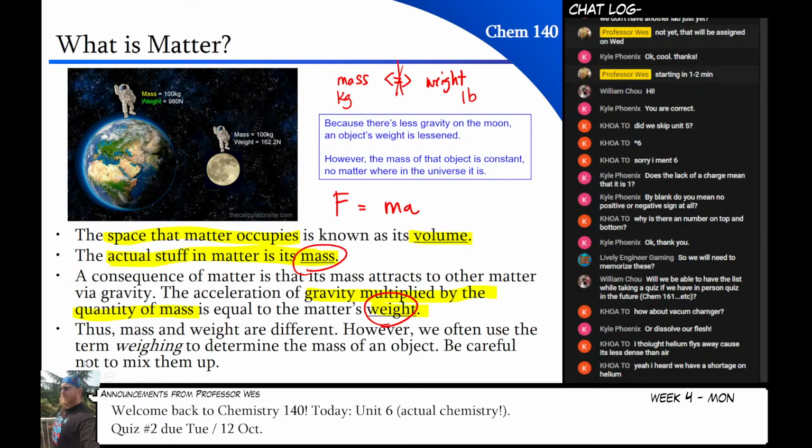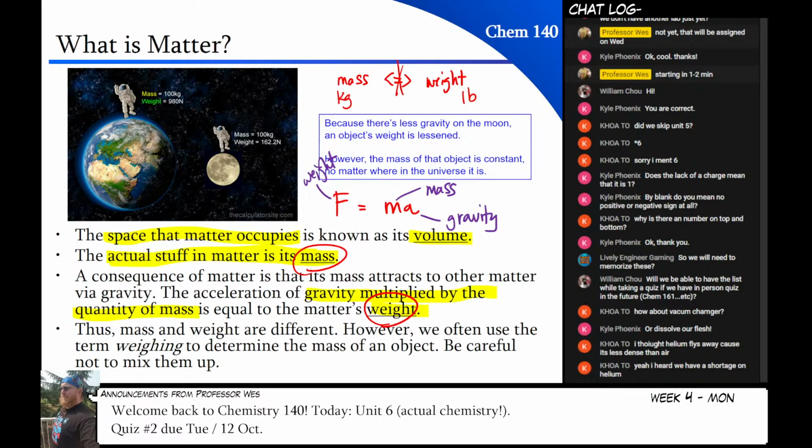Well, in a gravitational field, m is the mass, and a is the acceleration due to gravity. And so this would be your weight. So your weight is just a function of how much matter is inside of you times the gravity of the celestial body that you are standing on.